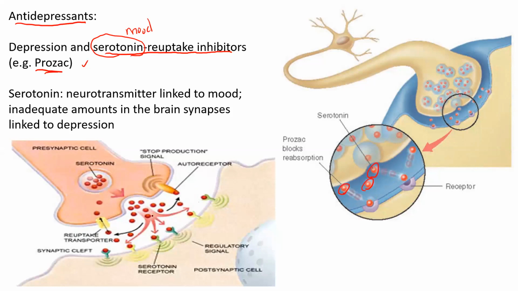They do not get taken back up into the presynapse. Here's my presynapse. Here's my post. So they stay in here. Normally, these reuptake transporters would take the serotonin and bring them back. Well, if you've got more in there, your mood's going to improve. You notice with people with depression, they have low serotonin levels.